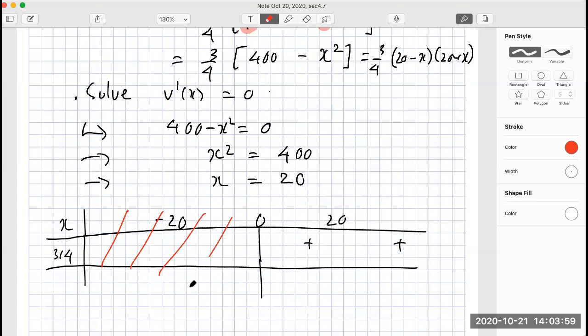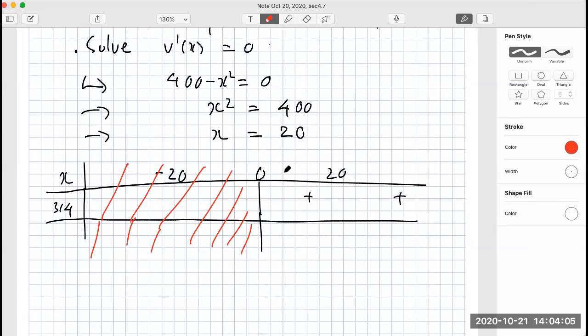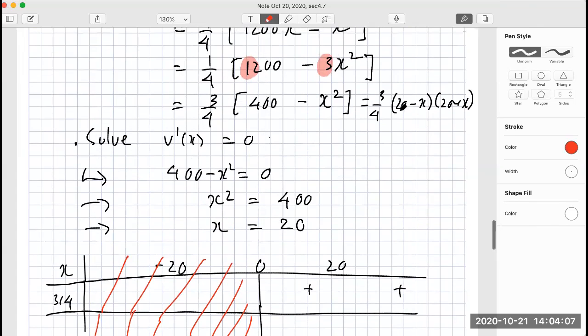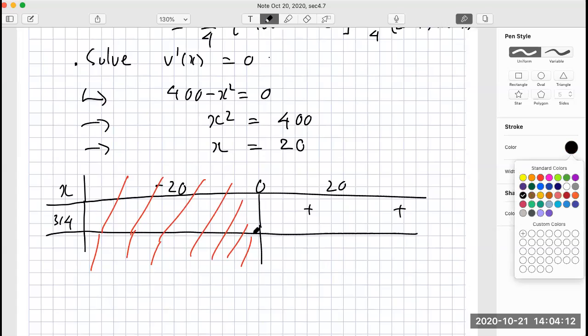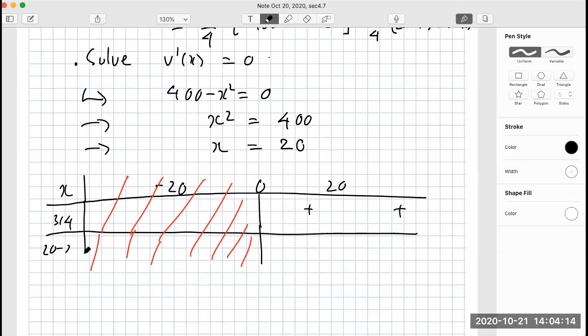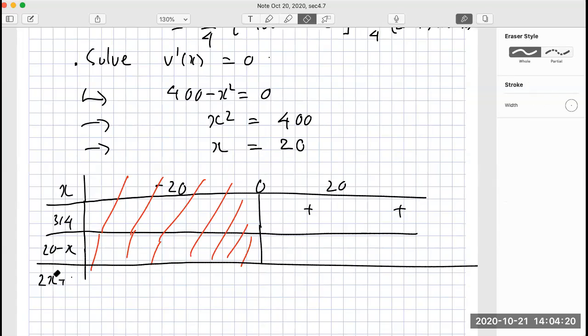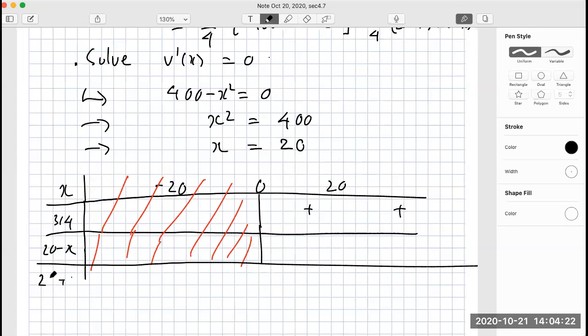Right? We don't care. Then here is 20 minus x. Here is 20 plus x.